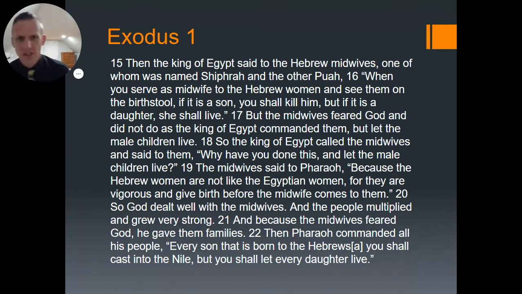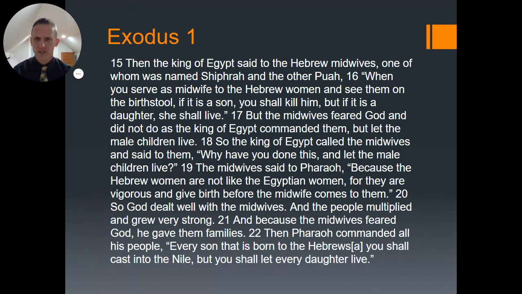Then the Egyptian king said to the Hebrew midwives, one of whom was named Shiphrah and the other Puah, when you serve as midwife. Remember, a midwife is one who is sort of like a doctor. It's one who delivers a baby. It's a person who specializes in delivering a baby. When you serve as midwife to the Hebrew women, and see them on the birth stool, if it is a son, you shall kill him. But if it is a daughter, she shall live.